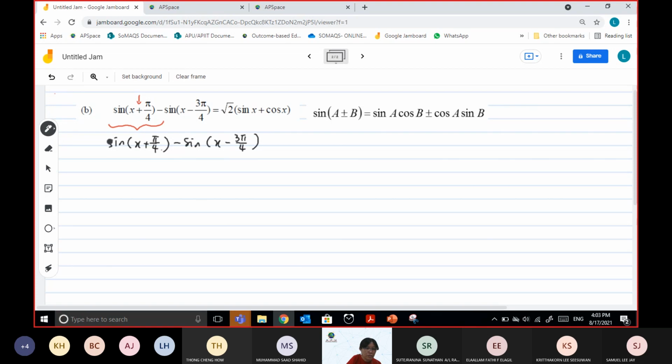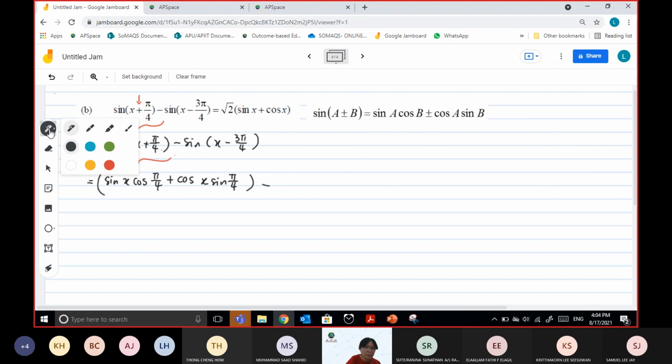If we start from the first part and apply the formula, we get sine A cos B, that means sine x cos pi over 4. Since this is a plus, this is also plus cos x sine pi over 4. Then minus.